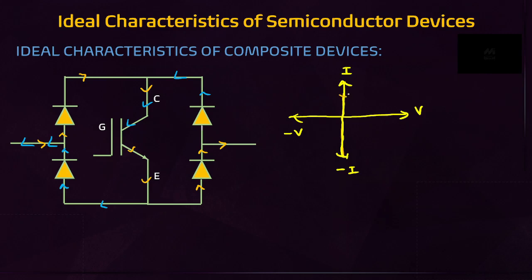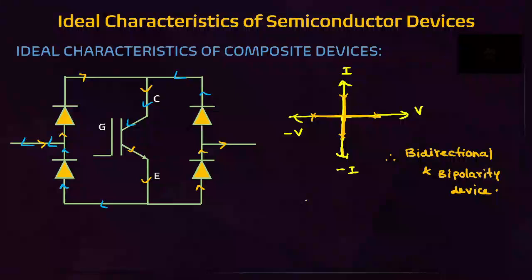Then it also conducts in both directions and blocks both polarities. That's why it is also a bidirectional bipolarity device. Okay, this is how to draw the ideal characteristics of various types of devices.